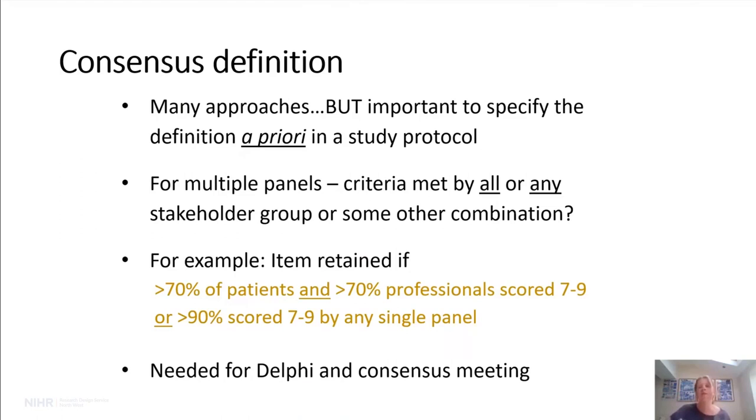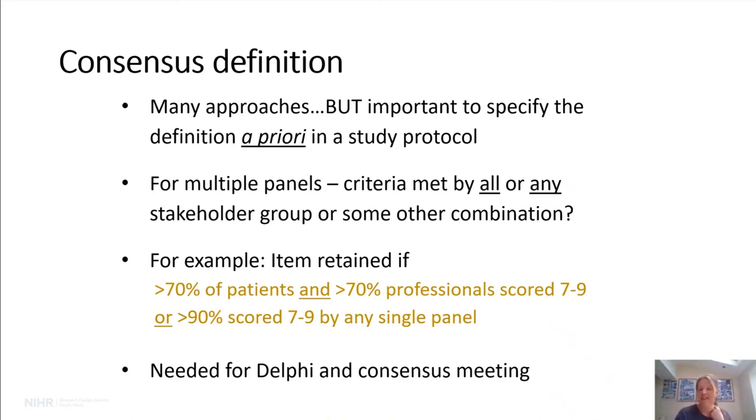Consensus definitions vary, okay, and it is challenging to come up with any sensible rationale for anything. But you see examples such as, if you present the results for the different stakeholders, an outcome would be deemed to be in if the vast majority, say 70% or more, of both the patient group and the health professionals have scored it as critical.